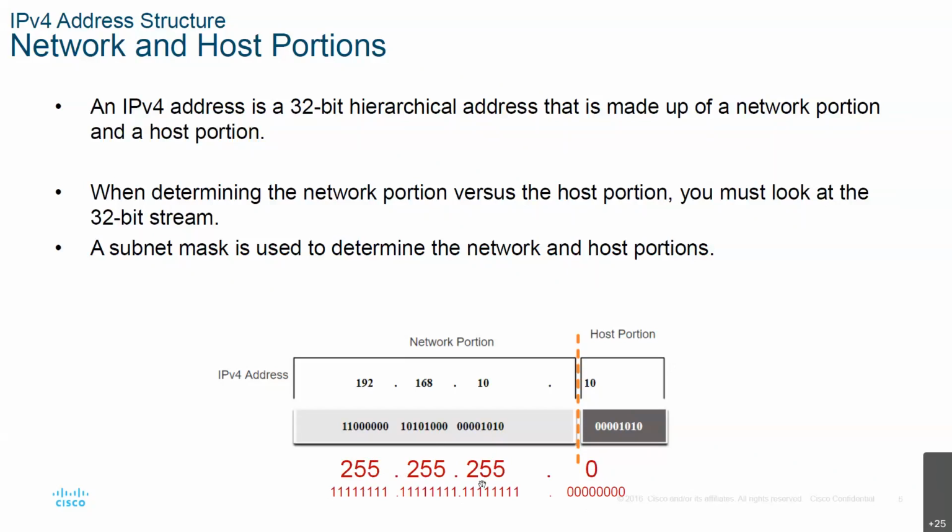So all the ones determine your network portion. So you know that the first 3 octets belong to the network. And since the last octet is all zeros, that means you have got 1, 2, 3, 4, 5, 6, 7, 8. 8 bits reserved for the host portion.